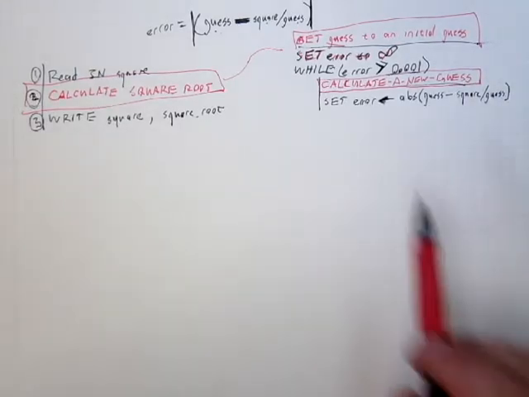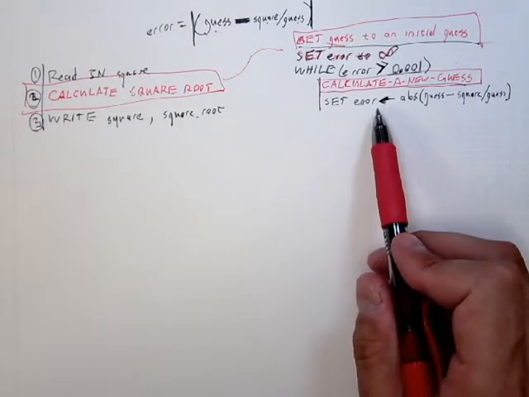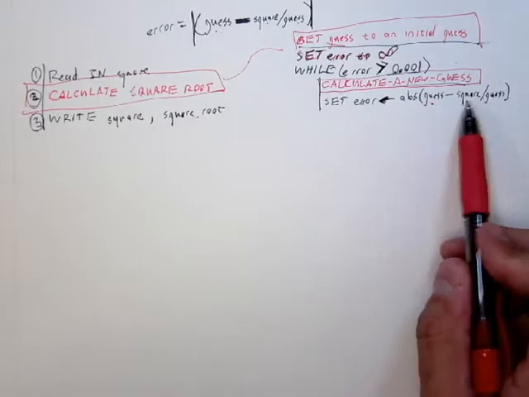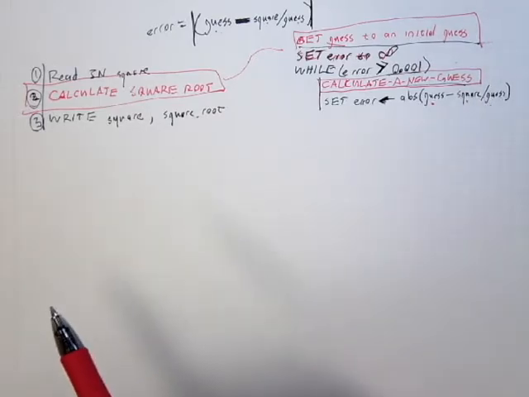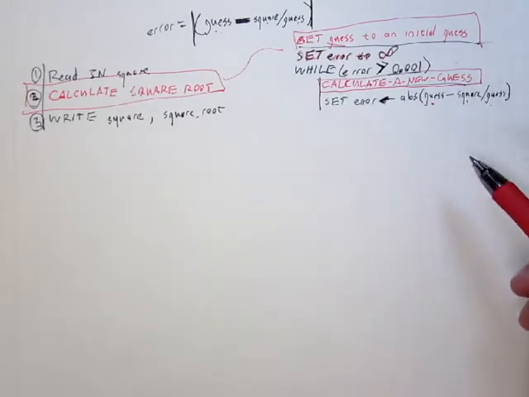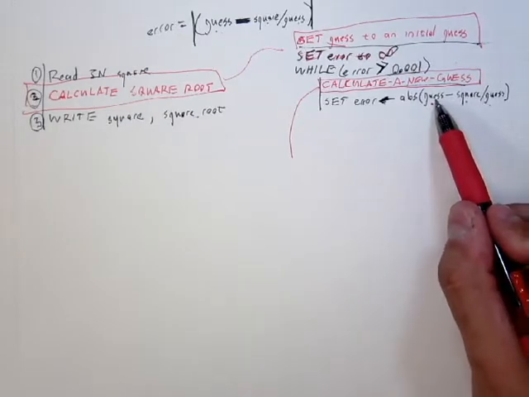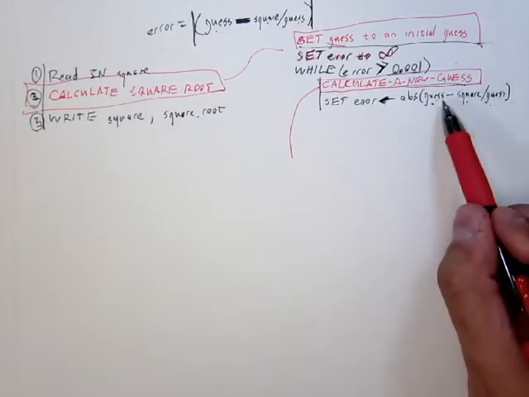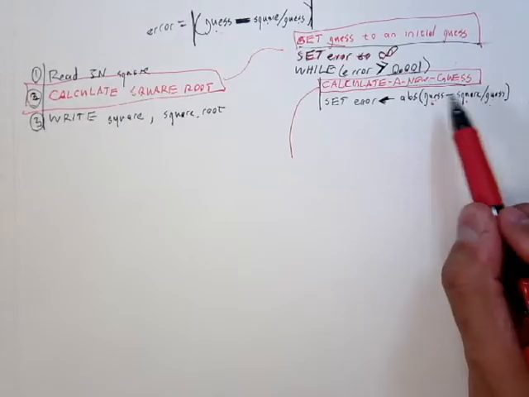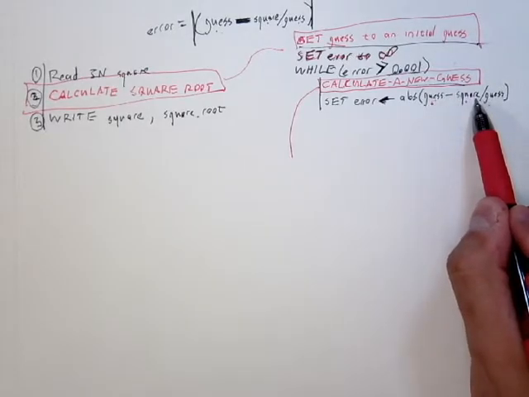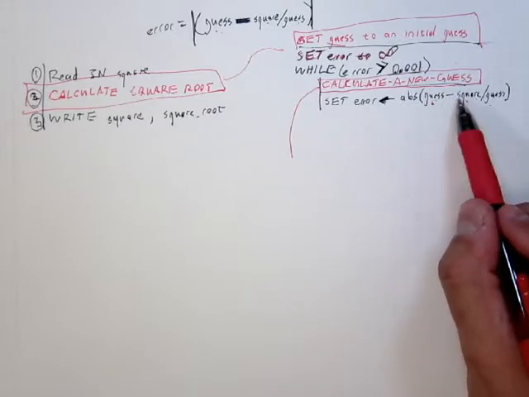But we've seen how to get the error. The error is the difference between our guess and the square number divided by our guess, which tells us a little bit about how we might want to calculate an improved guess. So how can we calculate an improved guess? We want our guess to be somewhere in between the old guess and the square divided by guess. We want the difference to be smaller.